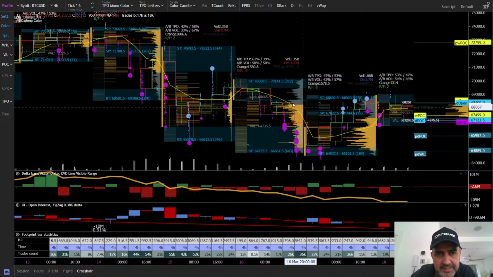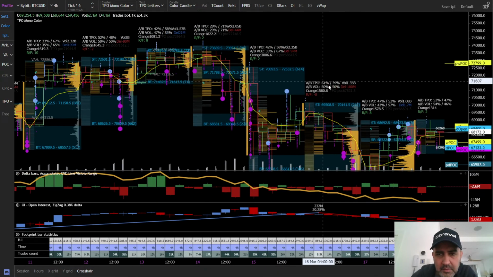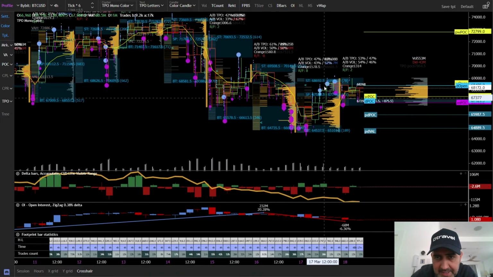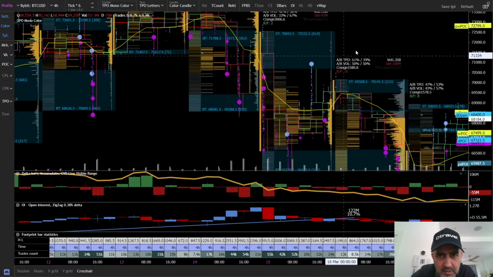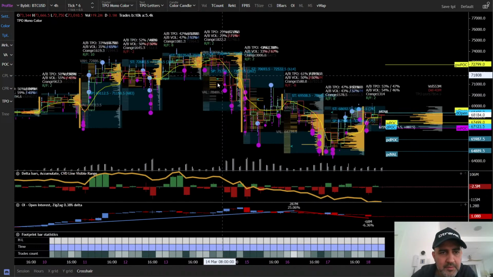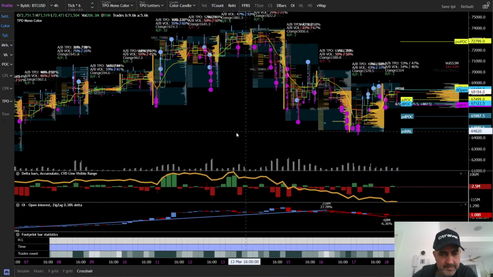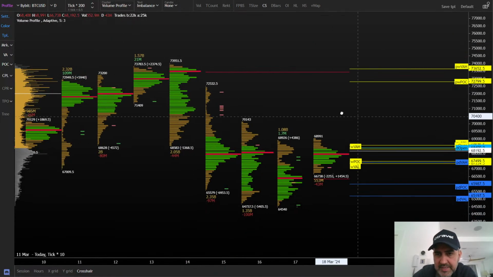I'm just going to have a look and see if we have any single prints or anything. We have some buying tails, selling tails. Nope. Okay, that's fine. What else do I want to see?